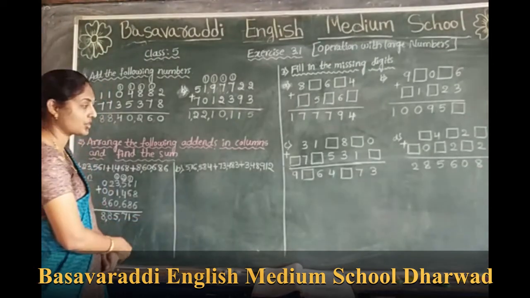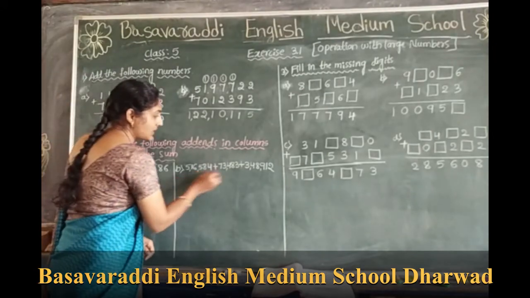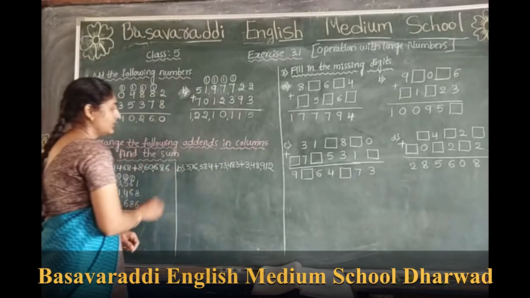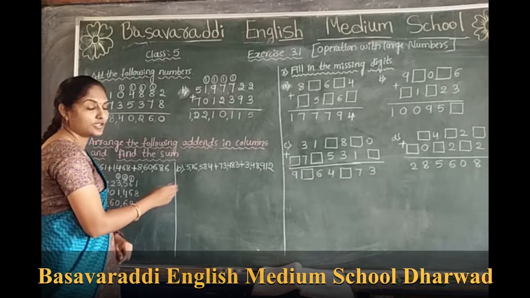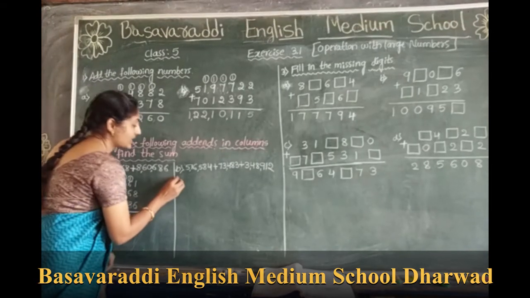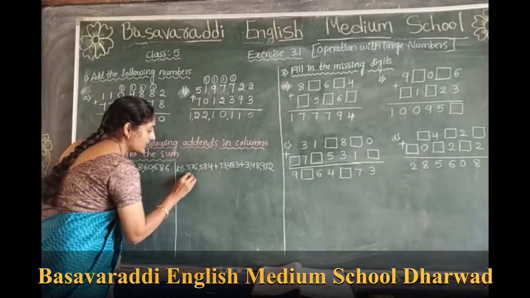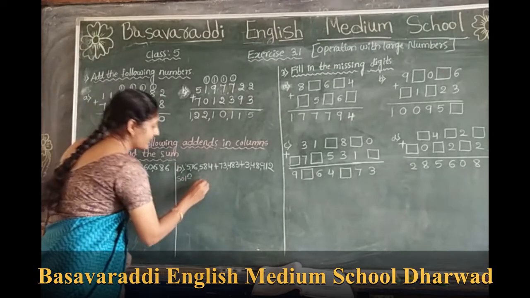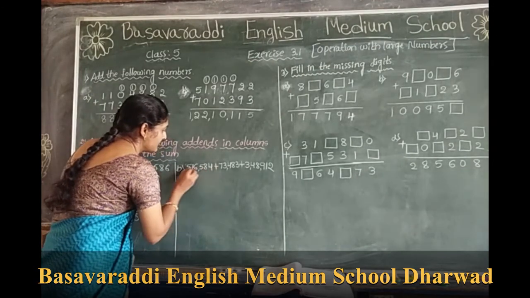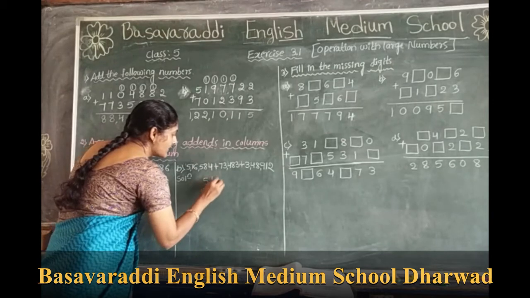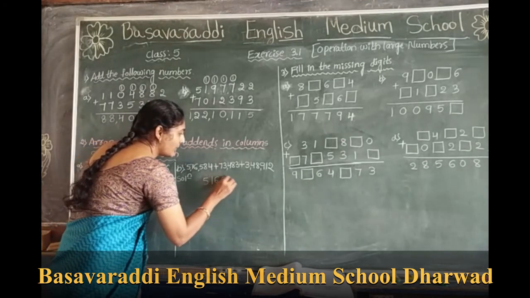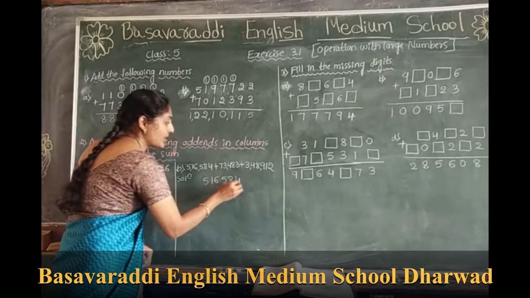The one more question is the second question. Here three addends, we have to arrange the numbers in the column wise. The first step is arrange the numbers in the column wise. The first number is 5,16,584. This is the first addend.